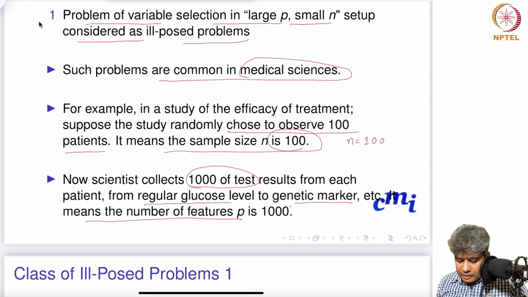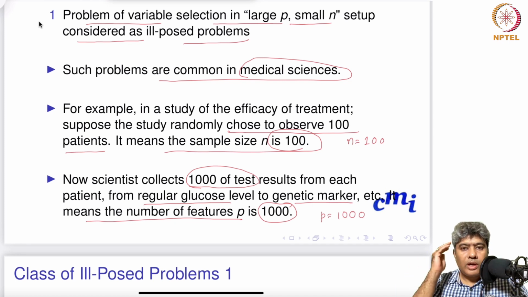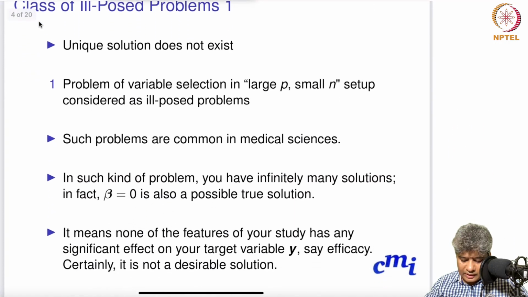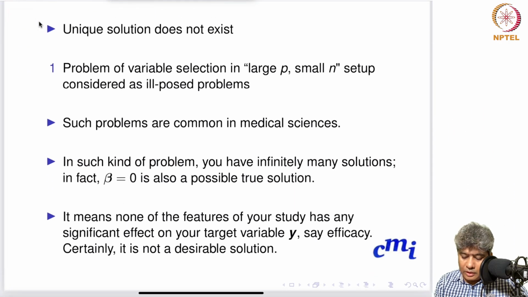Now P runs into 1000, so your n is 100 and P is 1000. This is a very common scenario that you can find in the medical sciences, so we will find it very often. In such cases, your X transpose X is not invertible.